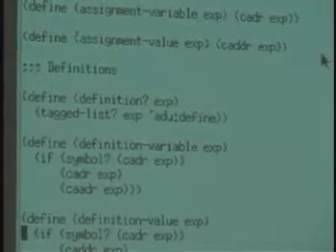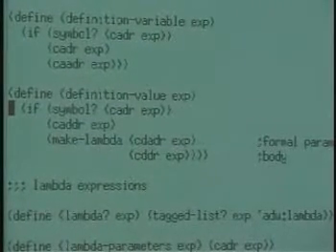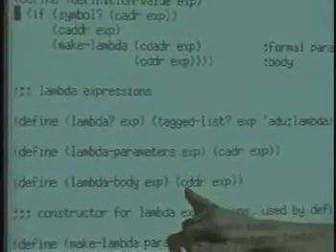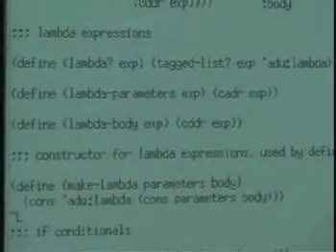So the lambda parameters, that's the second element of the list, and the body is the rest of the list. Okay, there's no car of the cddr here. Why? For a lambda, we wrote a lambda expression. The whole body, which is a list.